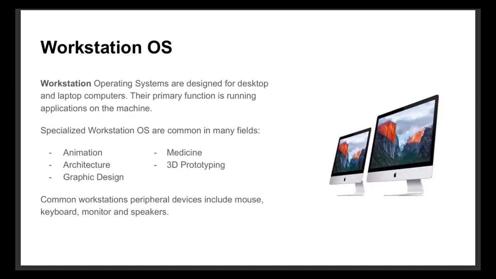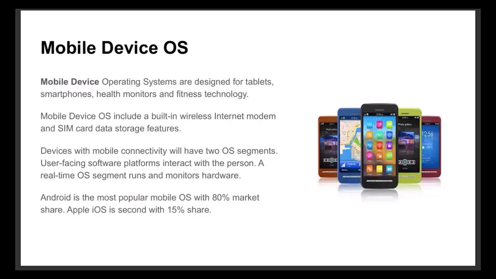Frequently, we see these types of workstation operating systems with graphic designers, as well as audio and visual workers. These would be people that are content creators. Many times, your workstation operating systems will have specific applications that are designed for tasks such as graphic design, computer-aided software, and 3D prototyping.